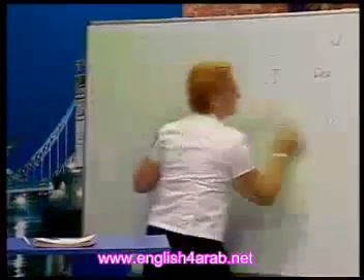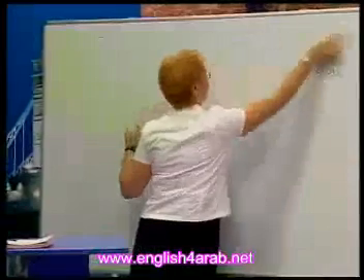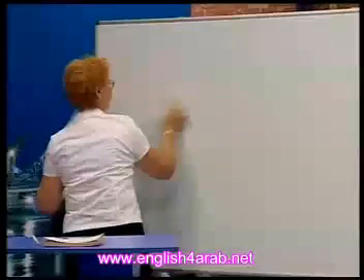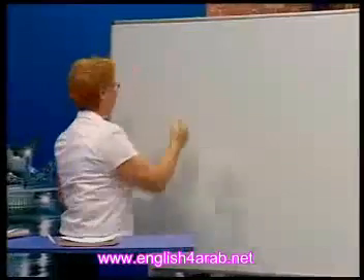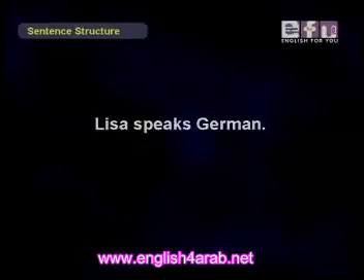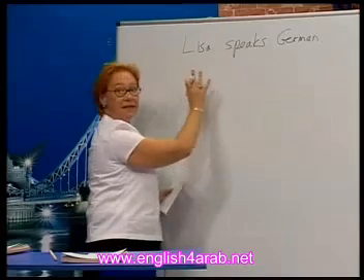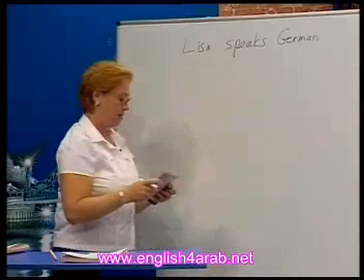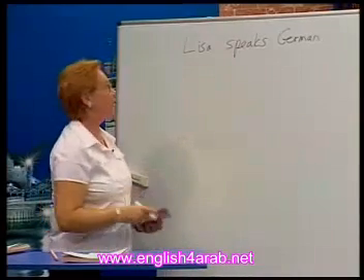Now, let's practice. Let me make some room here. And we'll put some sentences on the board for our assistants to help with. Now, here we go. Here's a sentence. Lisa speaks German. Okay, Lisa, what is the subject? Lisa.